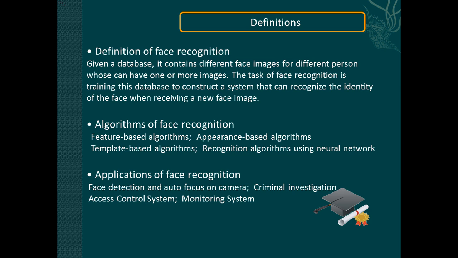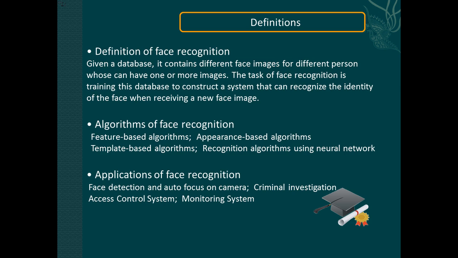There are several algorithms for face recognition. For example, the feature-based algorithms, appearance-based algorithms, template-based algorithms, and you can also use neural network algorithms for recognition. Face recognition is widely used in the real world. For example, you can use it for face detection and autofocus on cameras.